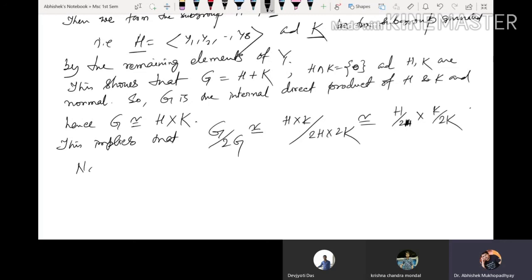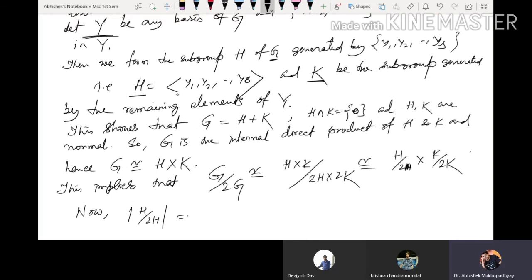Now what is the cardinality of H by 2H? Since H is a subgroup generated by the basis y1, y2, ..., ys.